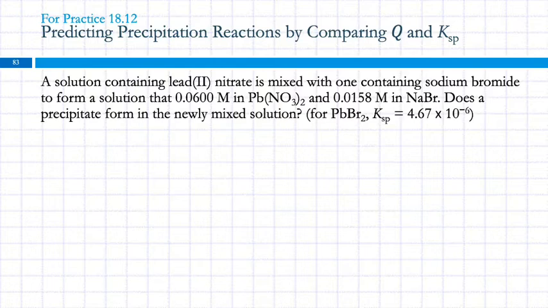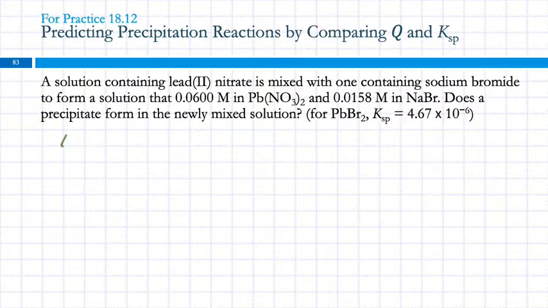And we're told what the KSP is for PbBr2. So there's two possible precipitates here. Lead with bromide and sodium with nitrate. But we should recognize that all sodium and nitrate compounds are soluble. That's not going to precipitate.